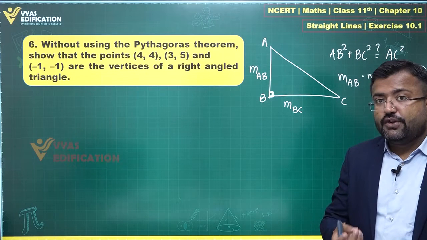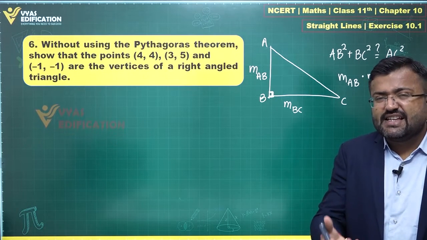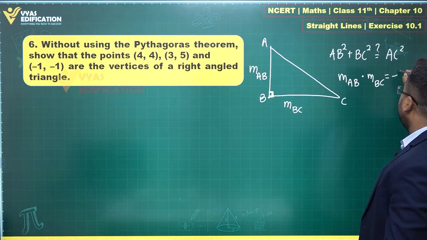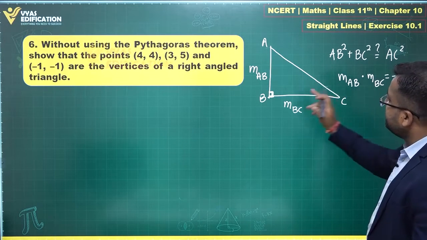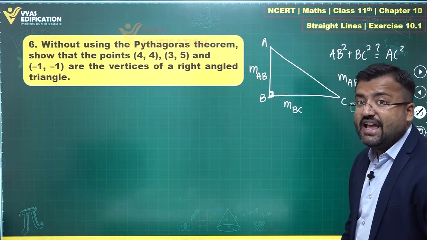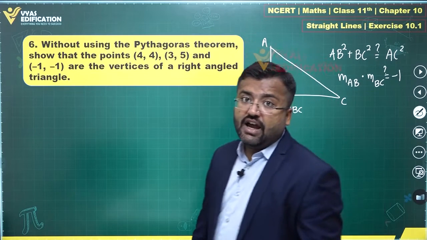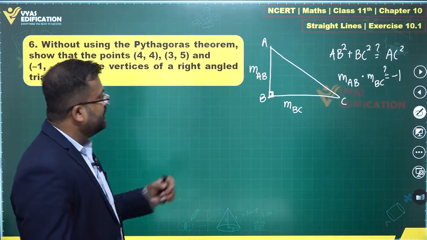The product of slopes of two perpendicular lines is simply, yes, please guess, -1. And if this becomes -1, then you can say that this angle here is 90 degrees. That is the approach we will be following for this question.